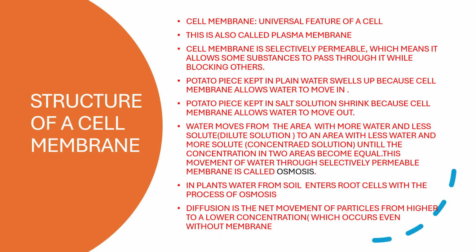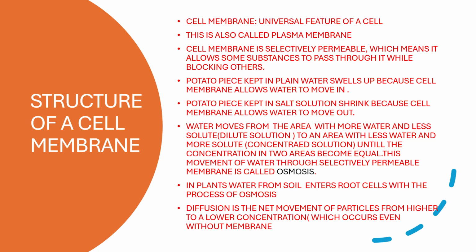In the first case, we have plain water which does not contain any salt, but potato peas has some salt concentration. So, to balance the salt concentration, the water moves into the potato peas, so potato peas swell up. But in the second case, potato peas is kept in salt solution where the salt is more than the salt in potato peas.